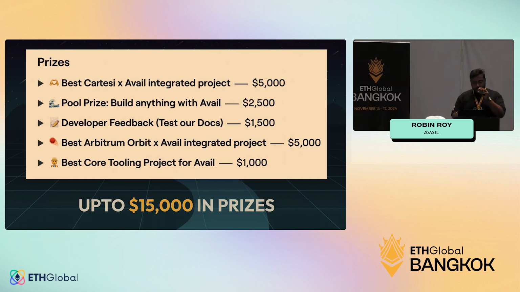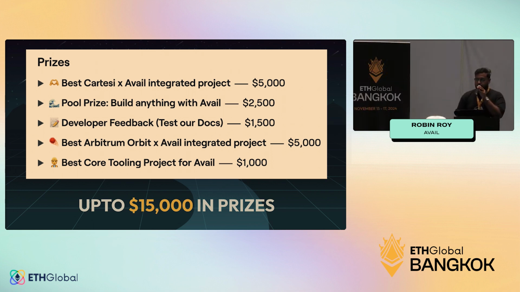And then we also have some other prizes, such as a pool prize. If you're not building a rollup, or anything with Cartesi or Arbitrum Orbit, but you're using Avail in any other way, like submitting data to Avail and retrieving data or doing something with that, you can be eligible for some pool prizes. If you don't want to build, or couldn't build as much, but you want to test out our docs, we have developer feedback.